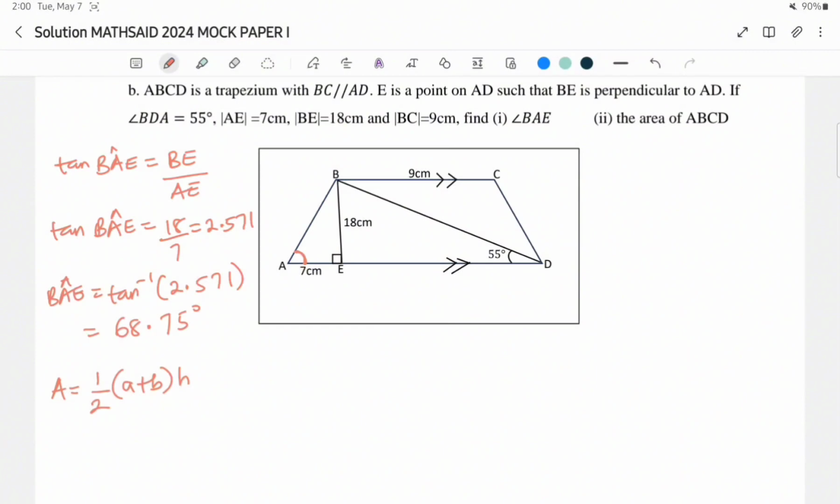Now, the common mistake I've seen students make is to think that from this point E here to point D is also 9 centimeters, and that's very wrong. That is not correct. The side that is going to be equal to 9 centimeters is the distance between E and this point here.